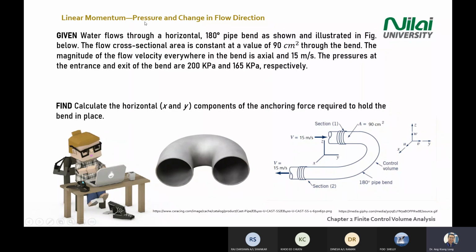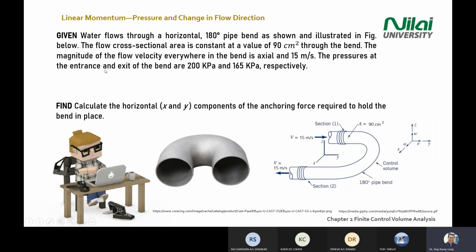The cross-section area is given in cm squared, and the magnitude of the flow velocity everywhere axial is 15 meters per second. Axial means that the flow velocity at the center of the pipe is 15 meters per second.